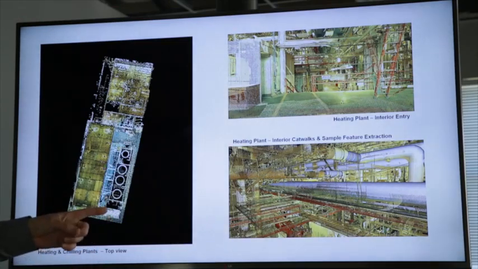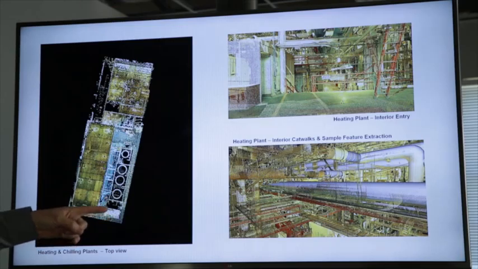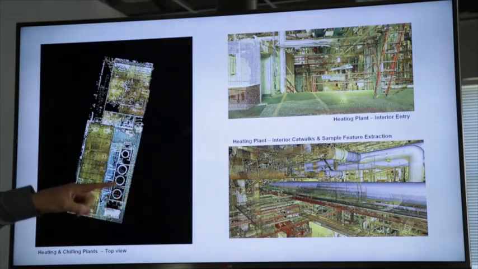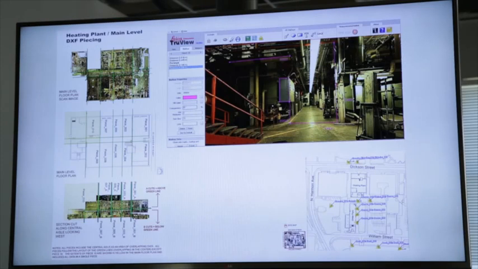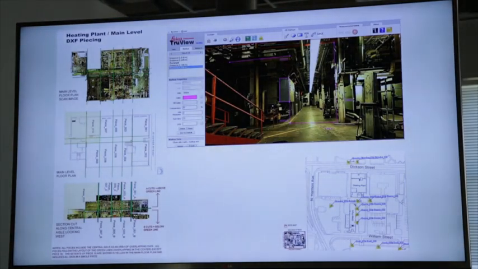We did do a little bit of sample feature extraction. These vents and these pipes here, we were modeling those. And this data was also turned into a series of floor plans showing where the equipment was.